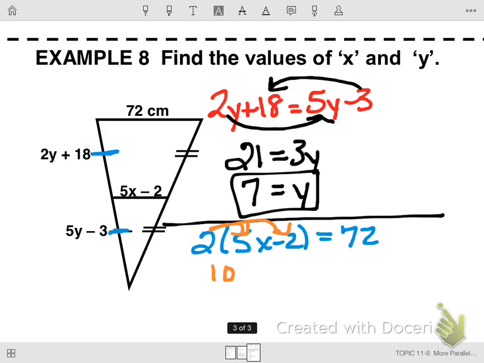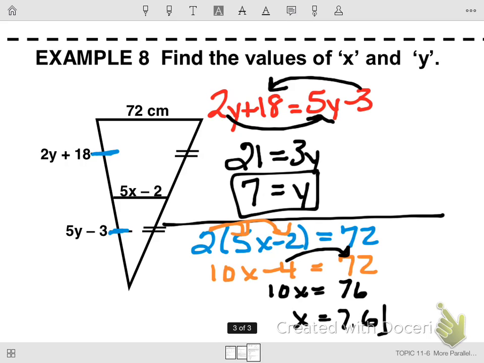So now I have 10x minus 4 equals 72. The negative 4 needs to go to the other side since we only have one variable. So 10x equals 76. It's okay to have decimals. So x equals 7.6.